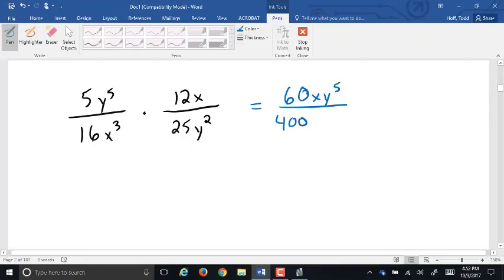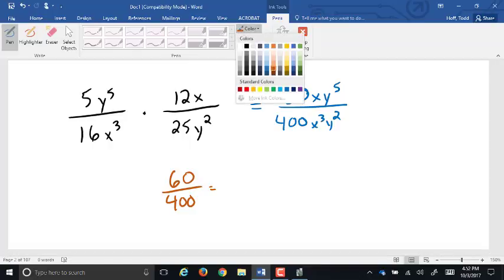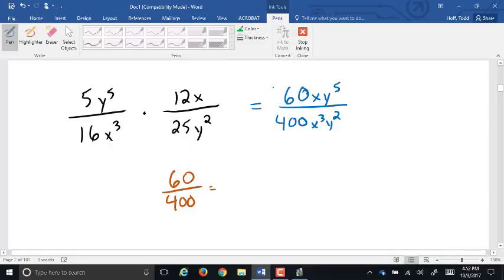X to the 3rd times y squared is x to the 3rd y squared. Again, it's a matter now of reducing this. 60 over 400. Both of those can be reduced by what?